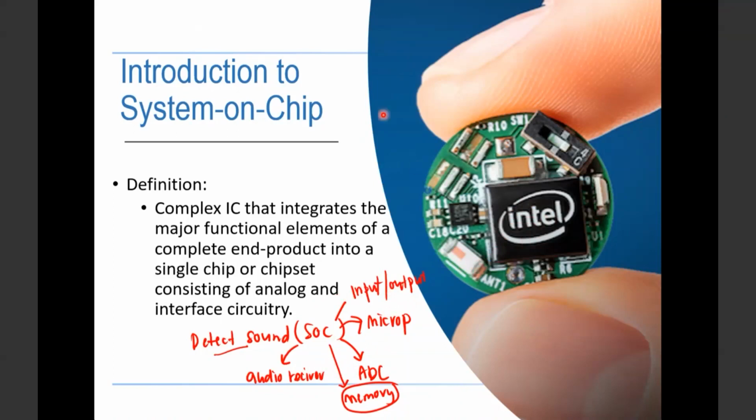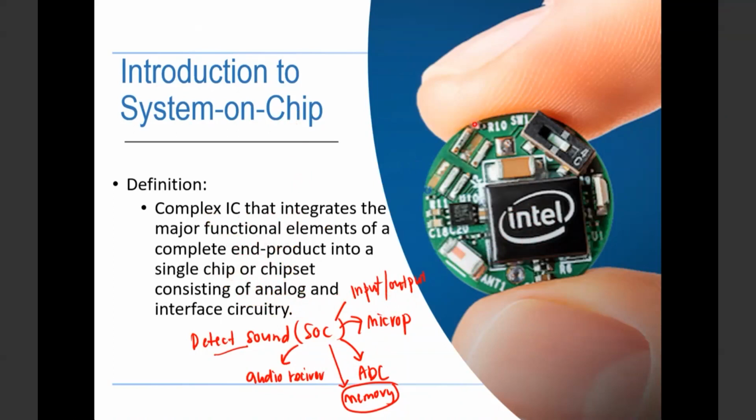That's why we call it a system on chip, which is a complex IC that integrates the major functional elements of a complete end product into a single chip or chipset consisting of analog and interface circuitry.